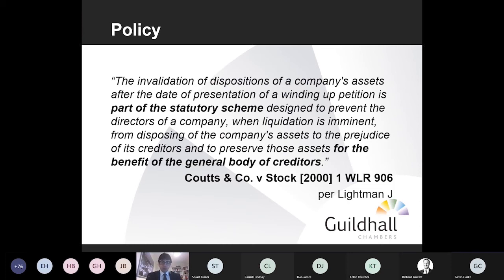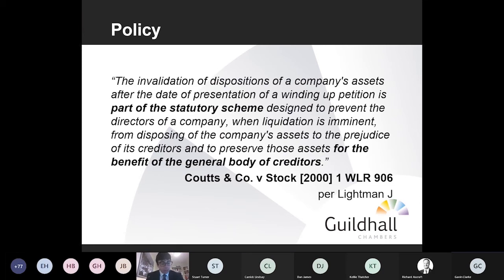And one can see that there is a timeline when it comes to the life of a company which is insolvent, and at any given time the company could be at any place along that timeline.